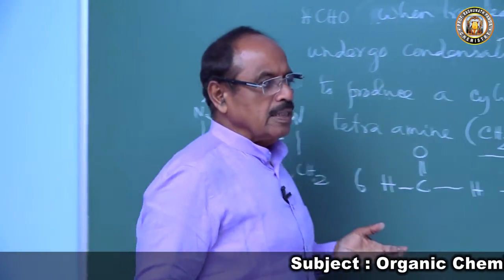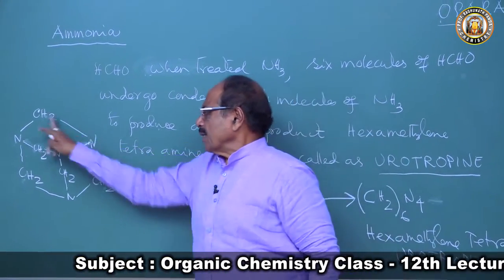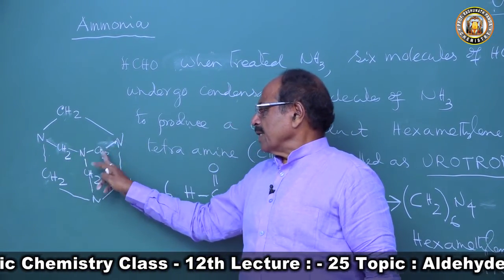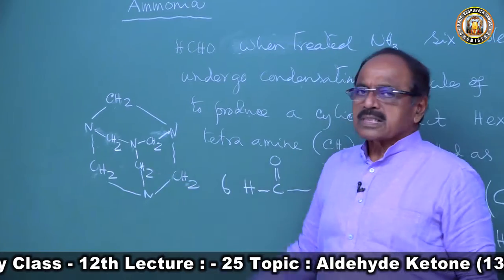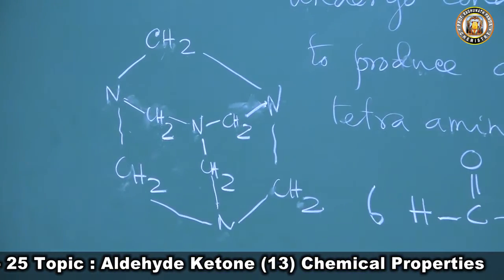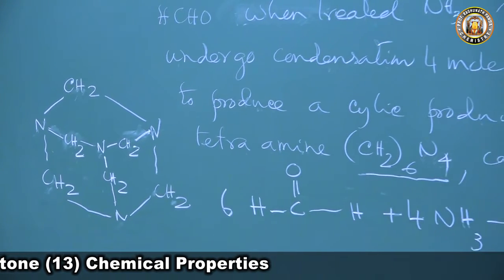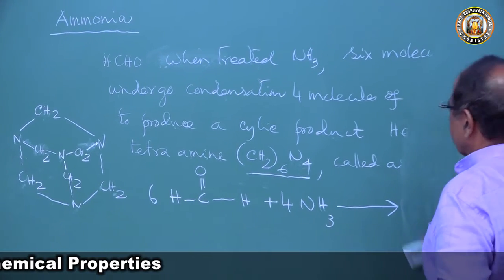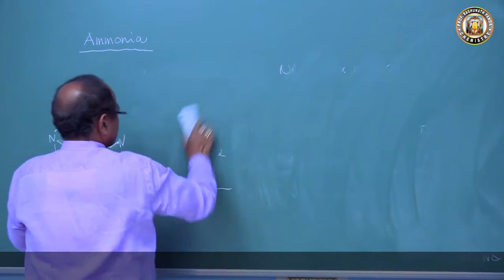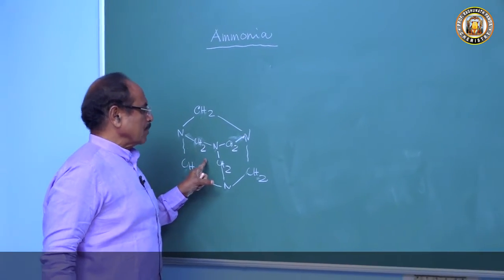First you write 3 methylene, then alternate carbon nitrogen, carbon nitrogen, carbon nitrogen. So how systematic and how uniform this product is. It is used for urinary tract infection, hence the word erotropin comes. Because of this structure, children, if you can write this structure, you will impress your examiner.